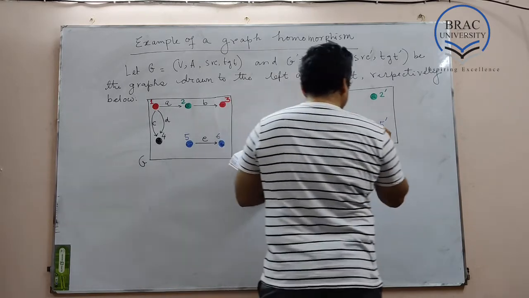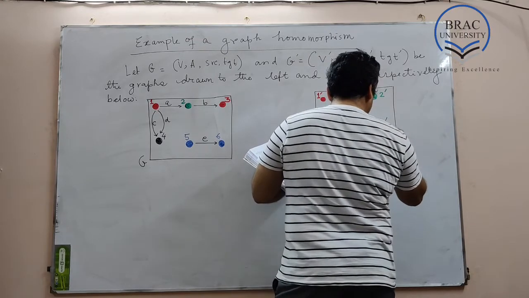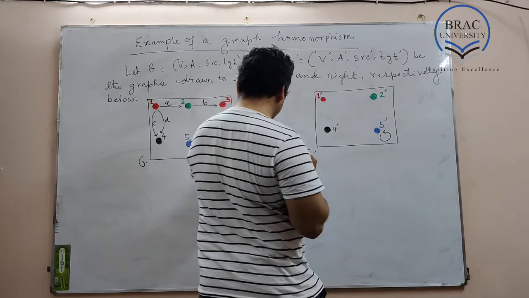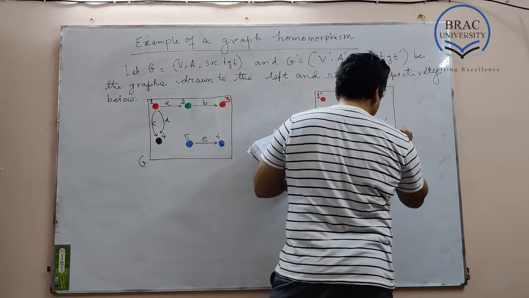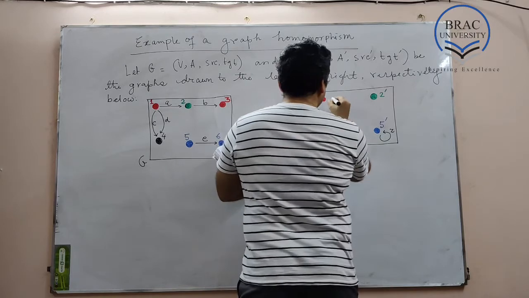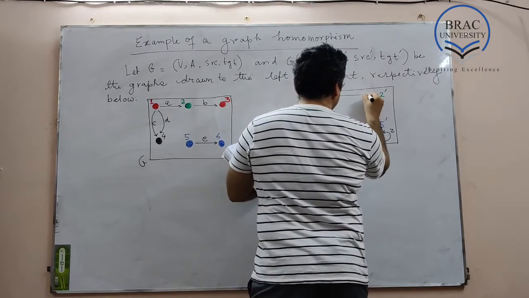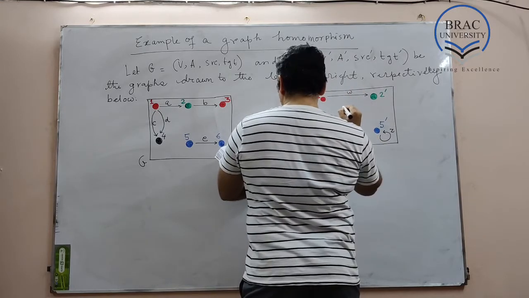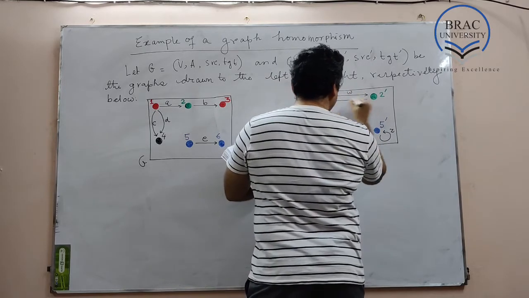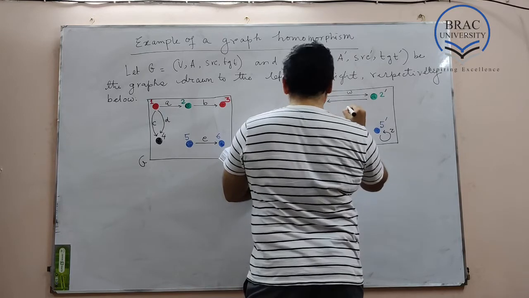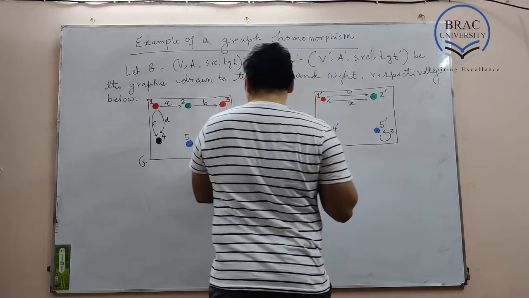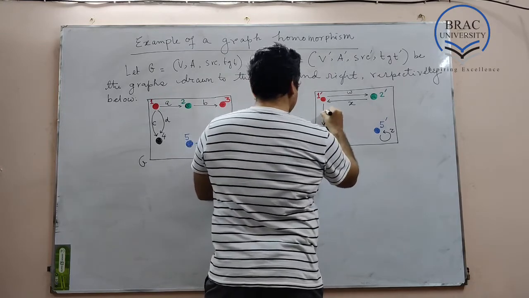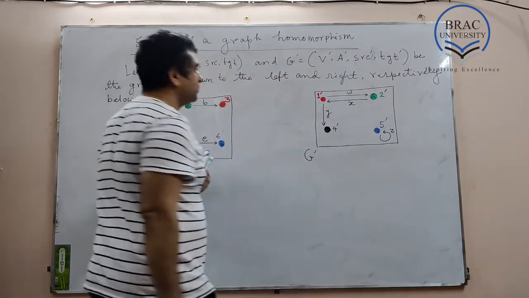There is a loop beginning and ending at 5 prime called Z. There are 2 arrows here, one from 1 prime to 2 prime called W, and another from 2 prime back to 1 prime called X. And there is one arrow from 1 prime to 4 prime called Y.